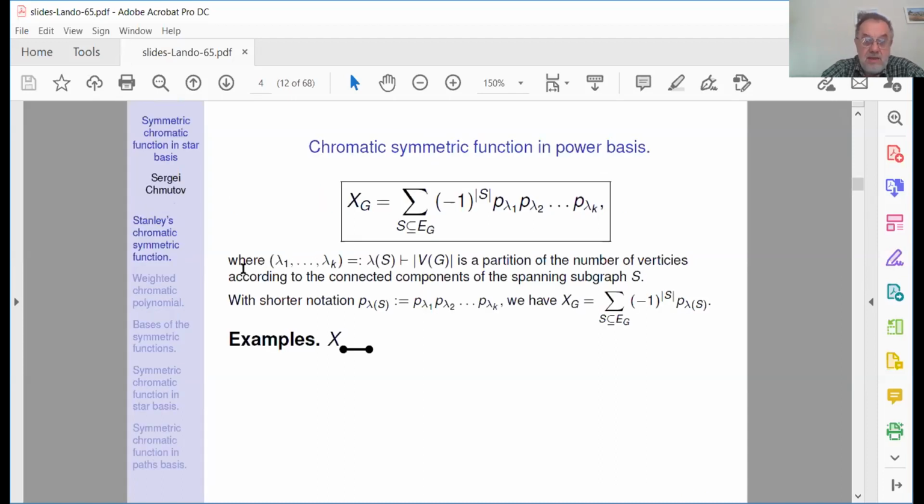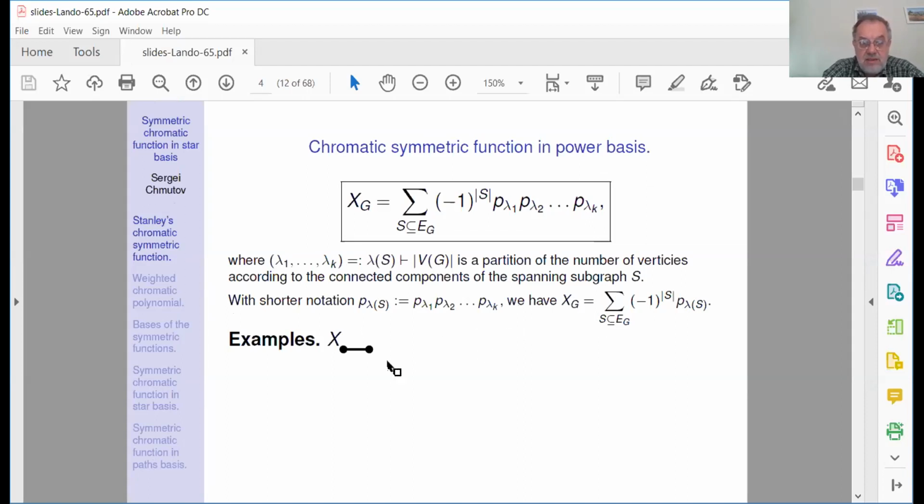And I will take the product of all these power functions corresponding. Again, there will be k connected components, and that is going to be the product. And if I use this p sub lambda for partitions, the standard notation in combinatorics, so I have that formula for the symmetric chromatic function.